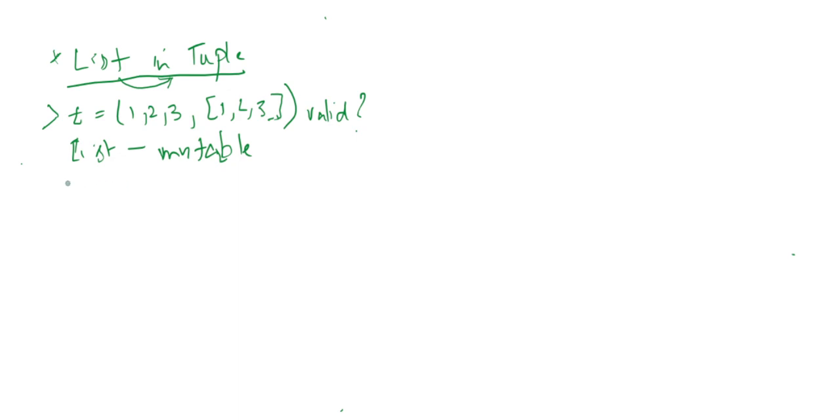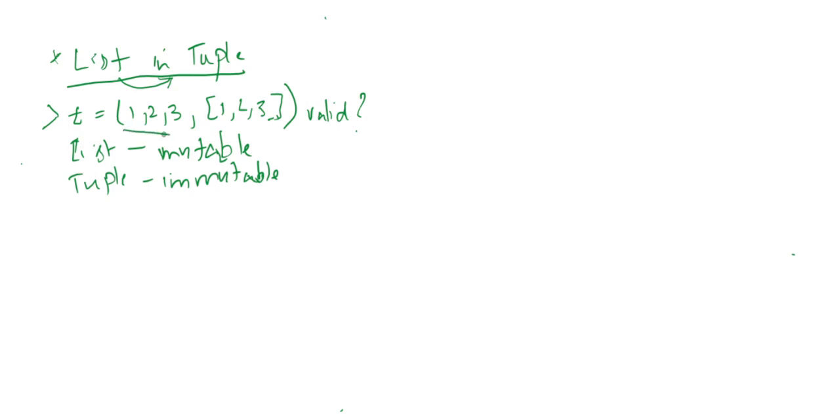So list is mutable and the tuple is immutable. Okay. Once a tuple is defined, we cannot change the tuple.